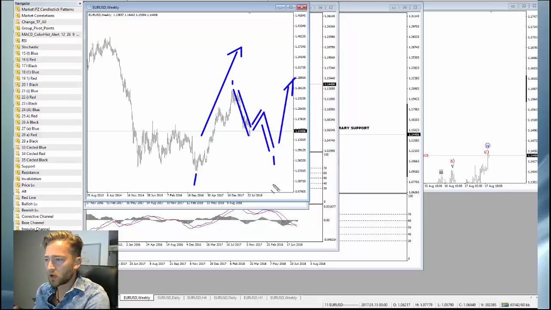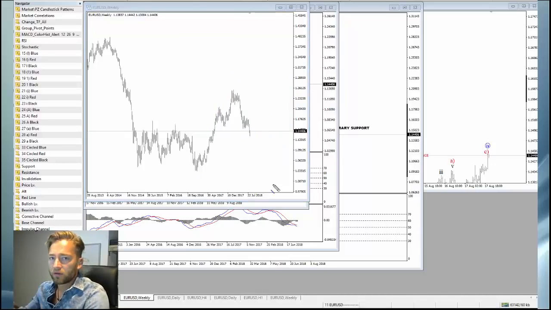So in both cases, no matter how you look at this price chart from the long-term perspective, I think that there is more weakness ahead on euro dollar, and as I said, after a pullback, after wave B, maybe after wave 2. Okay, so be aware of a bounce and then a reversal lower.